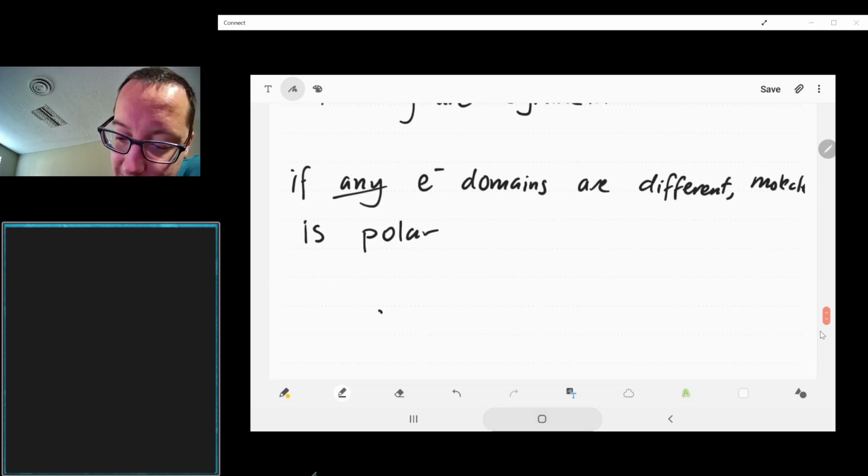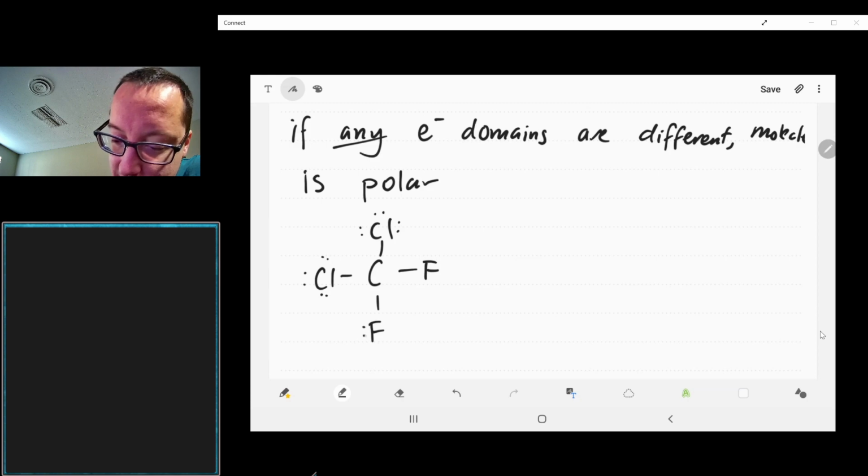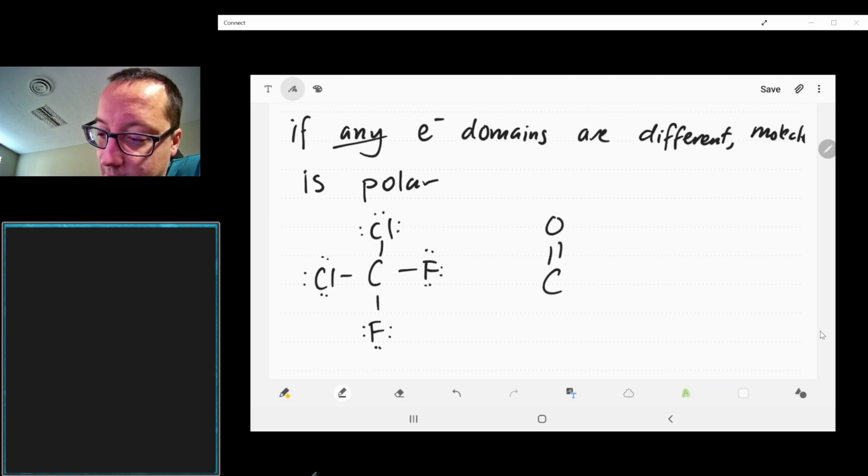So we saw with this example of dichloro-difluoromethane that this was polar overall. And if we were to look at something like this, we see oxygen and hydrogen are not the same. Those are definitely going to be different domains.